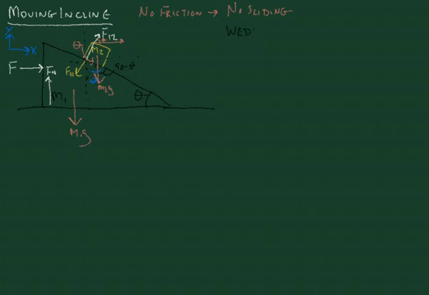Now if we look at the plane or the wedge, we see that the net force is equal to F in the x direction, minus m1g in the y direction, plus a normal force on 1 in the y direction, and now we have this force pushing back on us, so we need to find the proper angle for this one. We'll look at this down here again. So this is the plane.